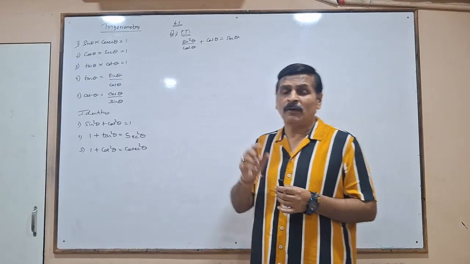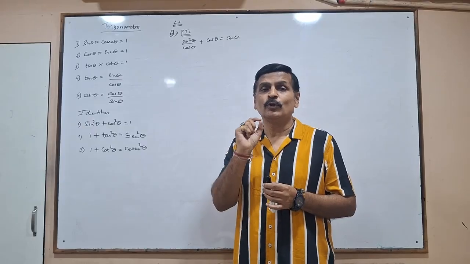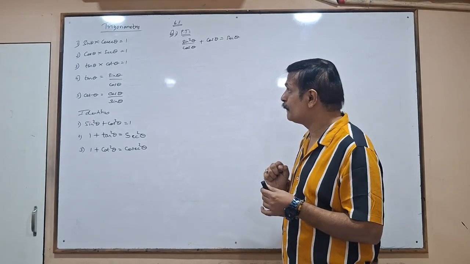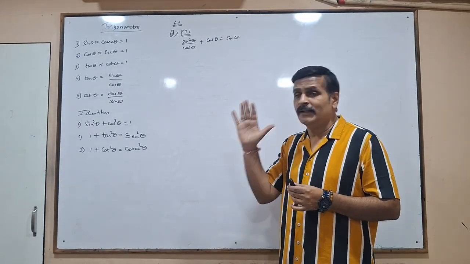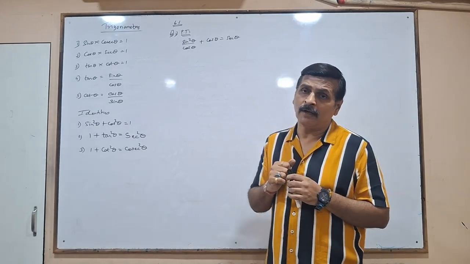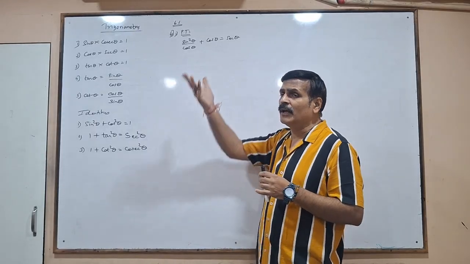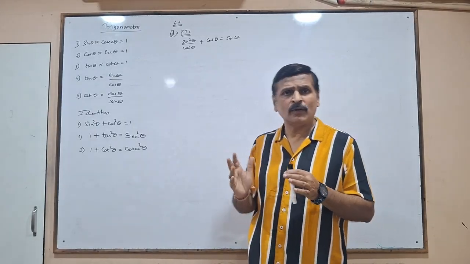For this to notice, observe correctly, one should know the identity properly. If no identity can be applied directly to a particular problem, then 90% of the time we will solve it by converting everything to sine and cos.